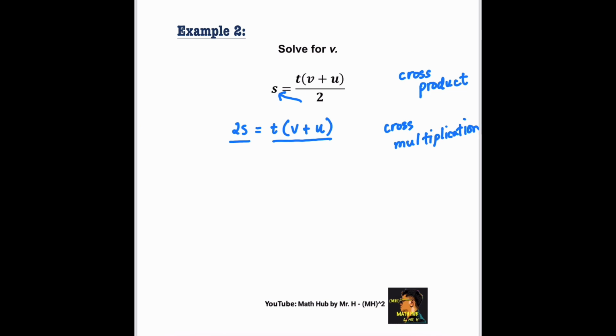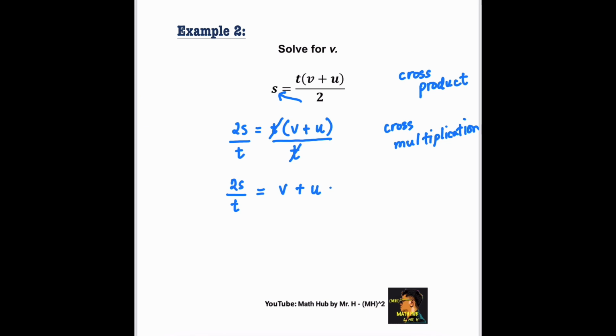Remember, you're dealing with an equation, so whatever you do on the left, you should also do on the right-hand side. t divided by t is 1, so you just cancel it out. So we'll have 2s over t equals v plus u.